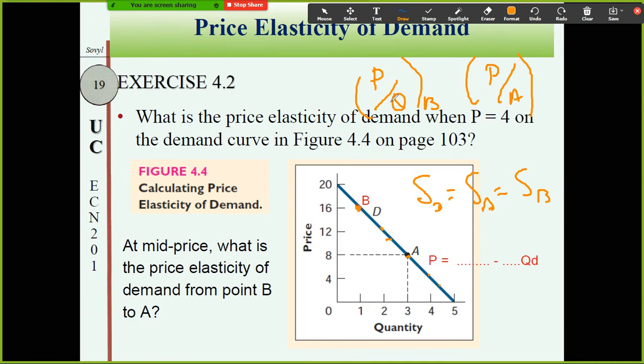That means P over Q for B is bigger than P over Q for A. When we move down the demand curve, P over Q from one point to the next becomes smaller.